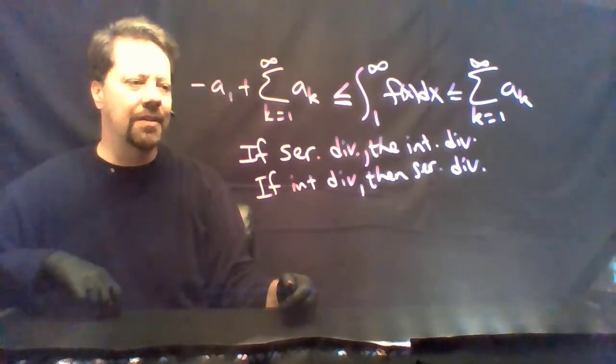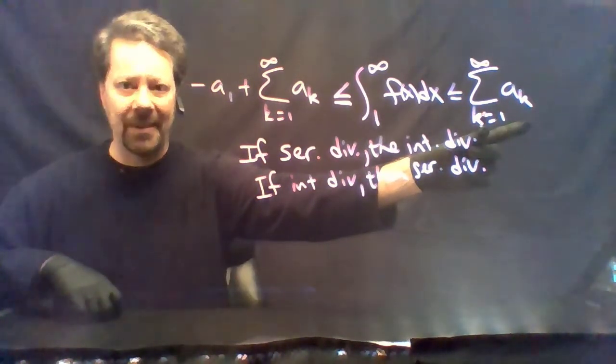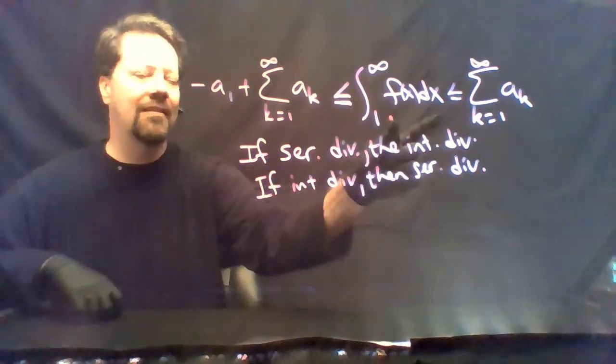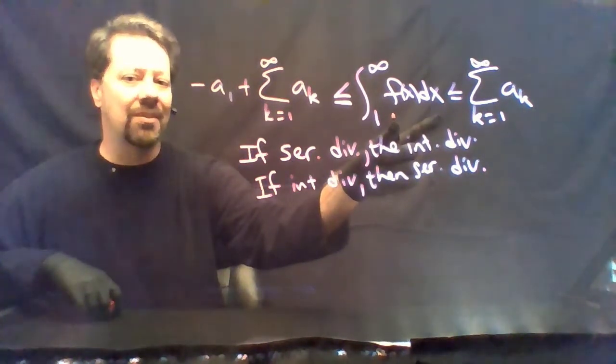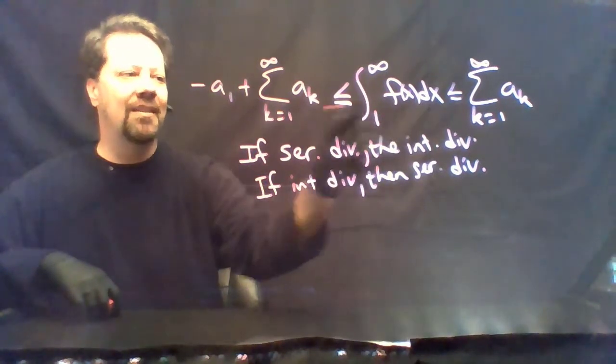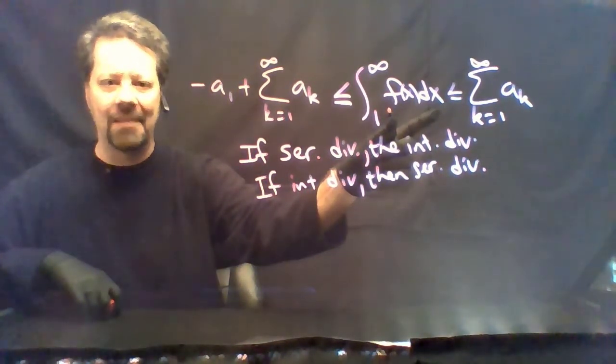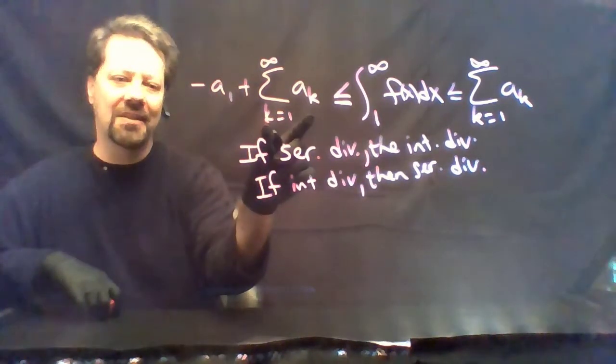What about convergence? If the series converges to a finite sum, that proves that the integral must also converge, by the second inequality. But then the first inequality tells us that if the integral has a finite limit, then so must the series.